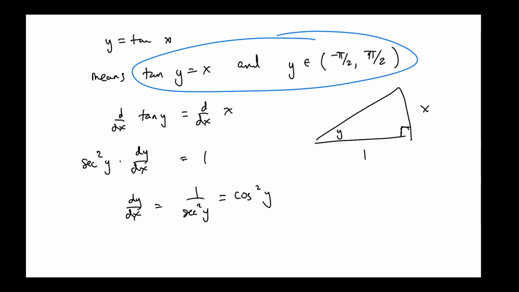Okay, what does that make the hypotenuse? Yeah, we get a plus on this one. So cos squared of y is something squared. Well, what's the cosine?